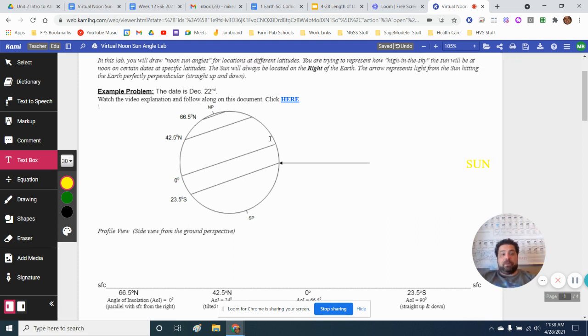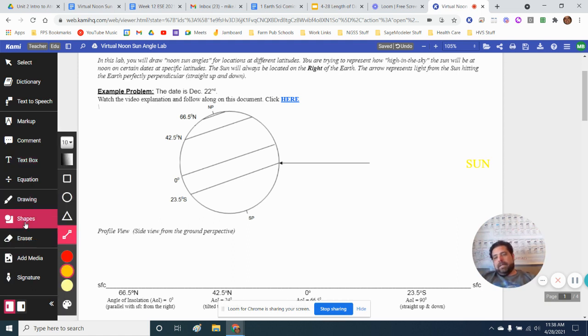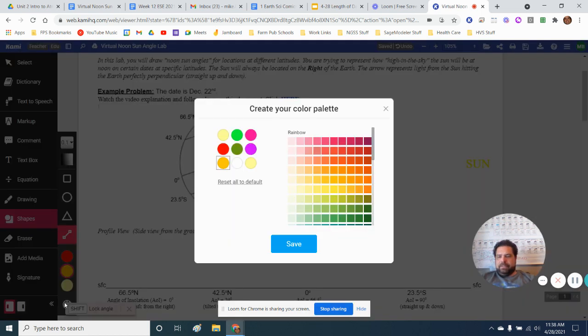Now, if that's where the sun is, I can make a conclusion that if the sun is on the right side of this image, then I would like a different color here.